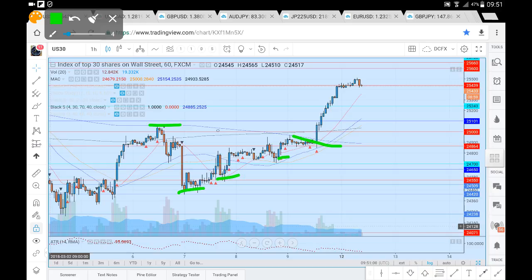The 200 period moving average, which acted as resistance before, acted as a descending resistance for a price contraction squeeze in around the 24,864, from which we did see a breakout to the upside, a very large bullish candle, indicating a lot of bullish buy side momentum in this market, and from which we did see a pretty strong extended run here on the US 30.